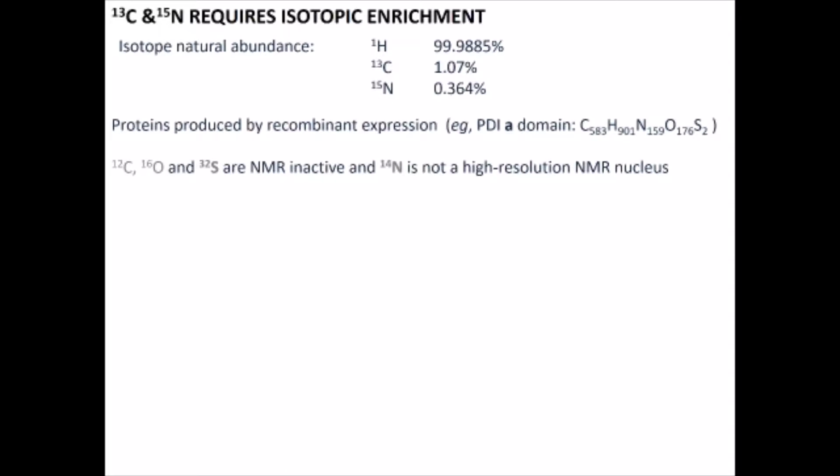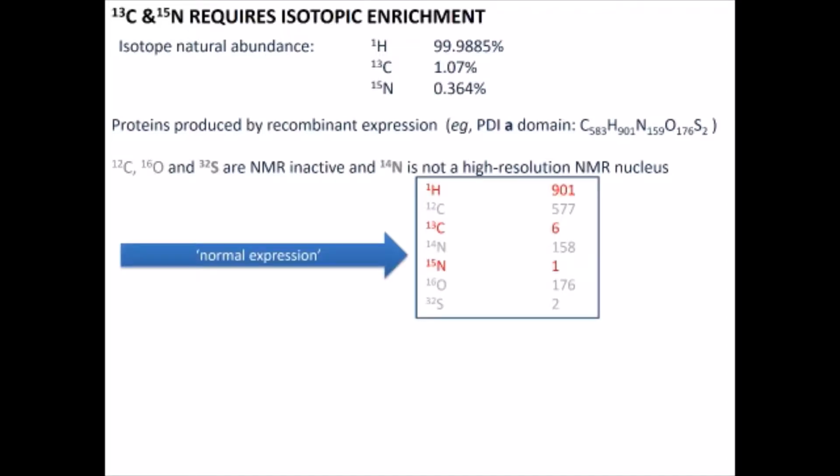So you do need to produce proteins enriched in nitrogen and carbon by, for example, using recombinant expression. If we look at, for example, this protein, the PDIA domain, in a normal expression, a normal PDIA domain would have 6 carbons in the whole structure that would be carbon-13, and 1 of the 159 nitrogens that would be nitrogen-15.